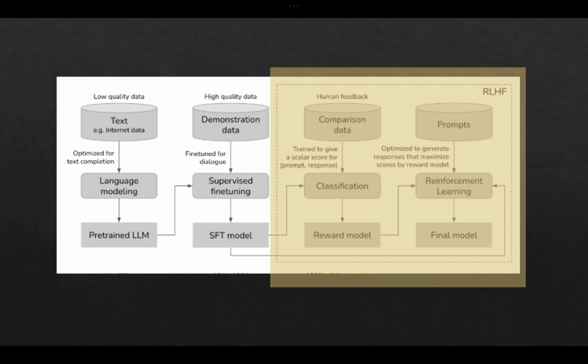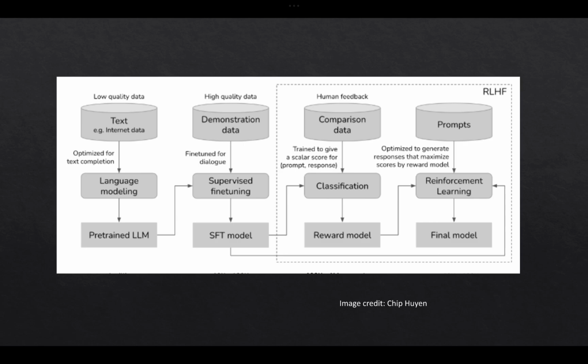Now the model is able to do a conversation task and starts making sense based on a given prompt. After this, the third step is the RLHF step, where we bring a human in the loop, and using the human feedback we create comparison data, and using this comparison data we train a reward model.